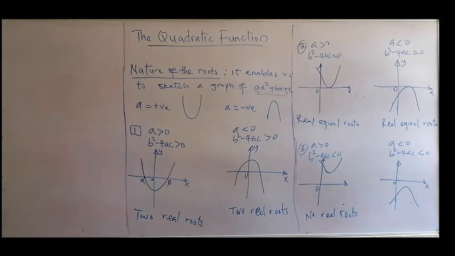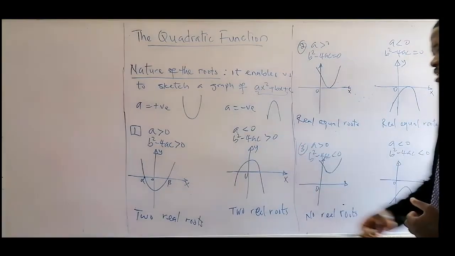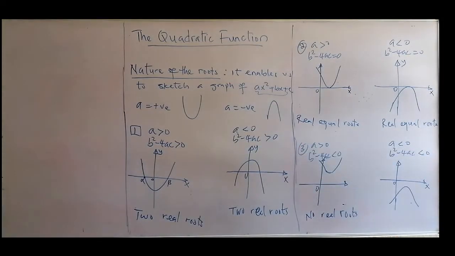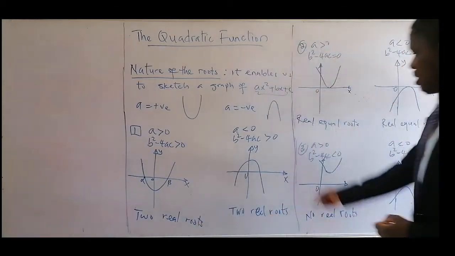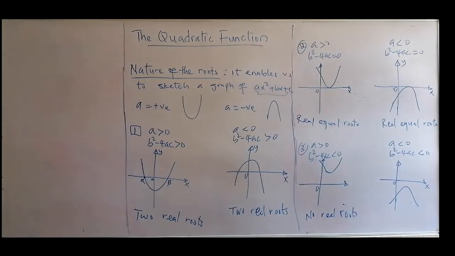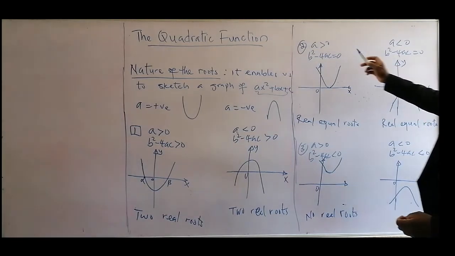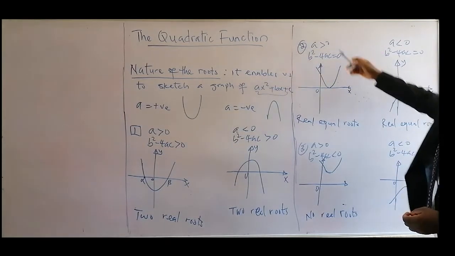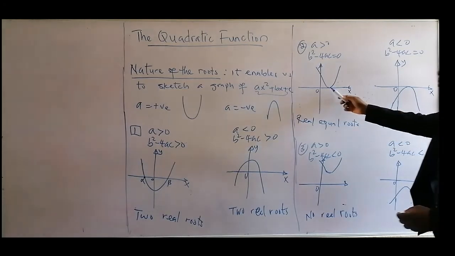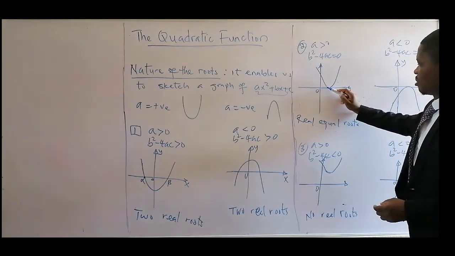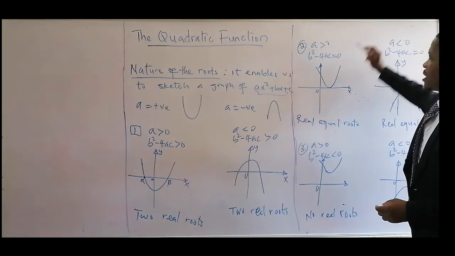So these are the three natures of the roots that we have. A greater than 0 and discriminant positive, greater than 0: we have two real roots, and likewise for the other one. Then case 2, discriminant equal to 0: we have two real equal roots, a point repeated twice at that point.